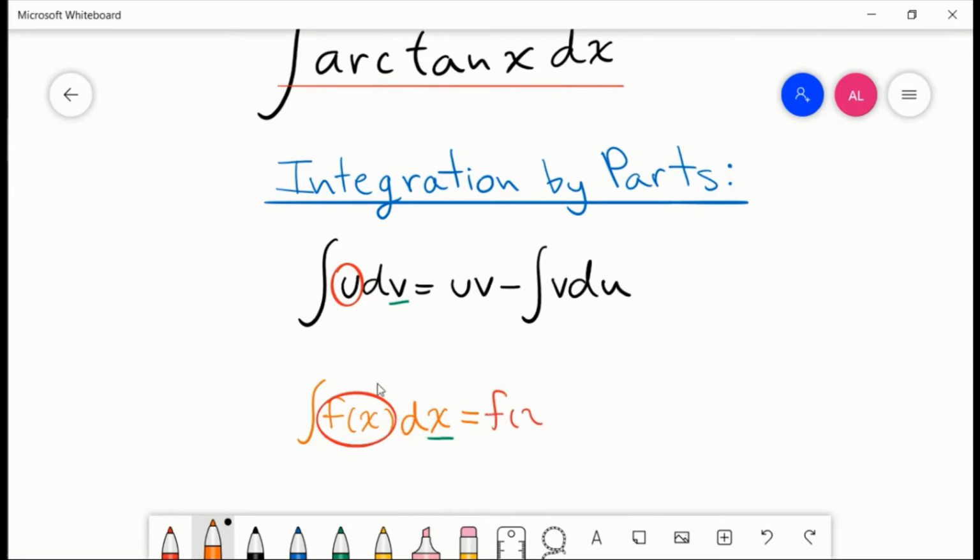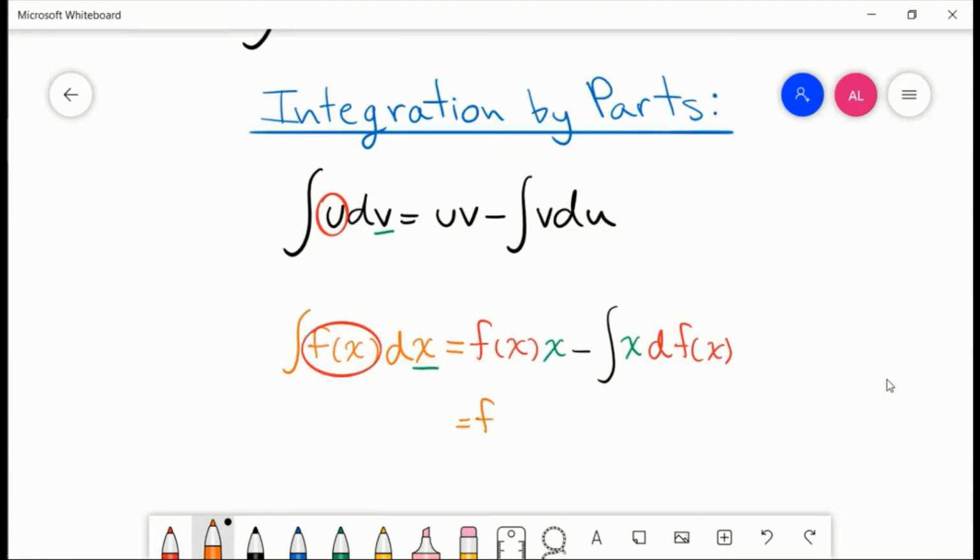So this is equal to u times v, which is f of x times x, minus the integral of v, which is x, d f of x, du, the other function. But the d f of x is equal to f prime of x dx. And so basically we have that the integral of any function f of x dx is equal to f of x times x minus the integral of x f prime of x dx.